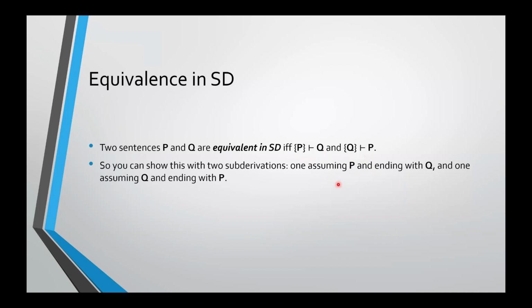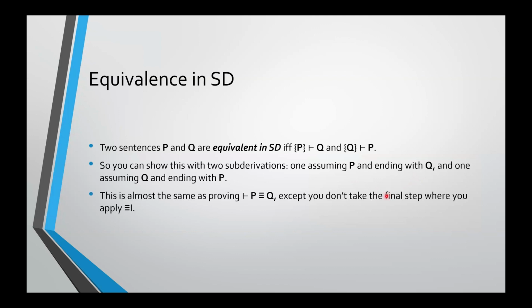You have one that assumes P and ends with Q, and then one that assumes Q and ends with P. Technically, they don't need to end with the sentence. What you technically need is the subderivation starts by assuming P, and then it contains Q somewhere, similarly with the other one. You don't need to continue it once you get to Q, so you probably want to stop there.